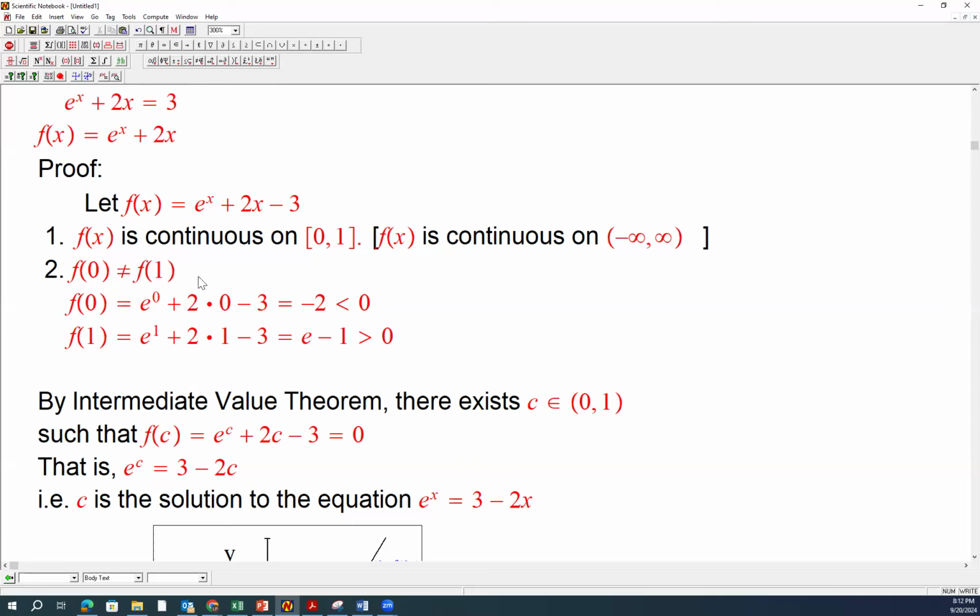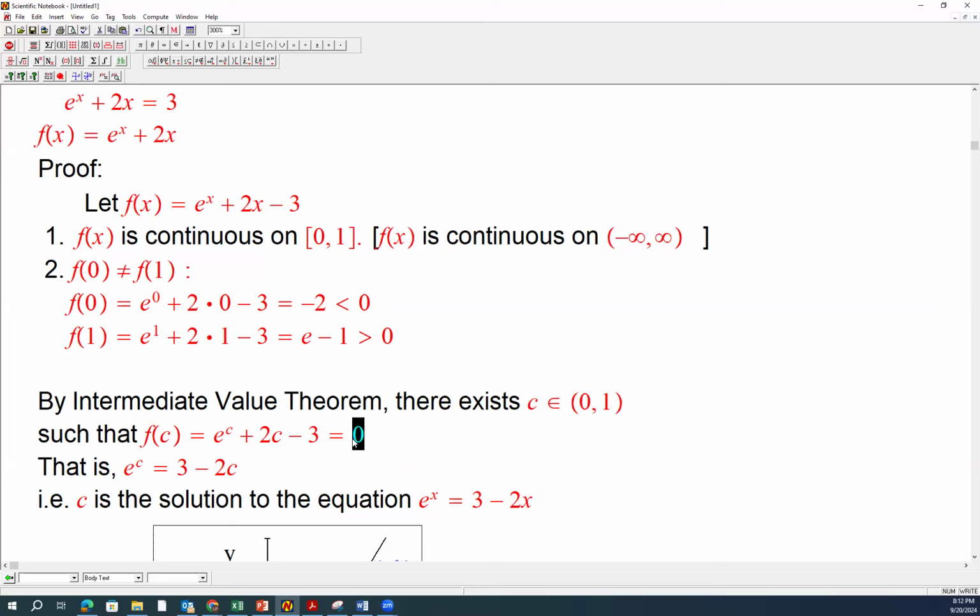Okay? So I'm using the intermediate value theorem. And one is negative, the other one is positive. Of course, they're different, right? Then by the intermediate value theorem, between these two numbers, between negative 2 and positive e minus 1, there's a 0. So I basically have chosen capital N equals 0.